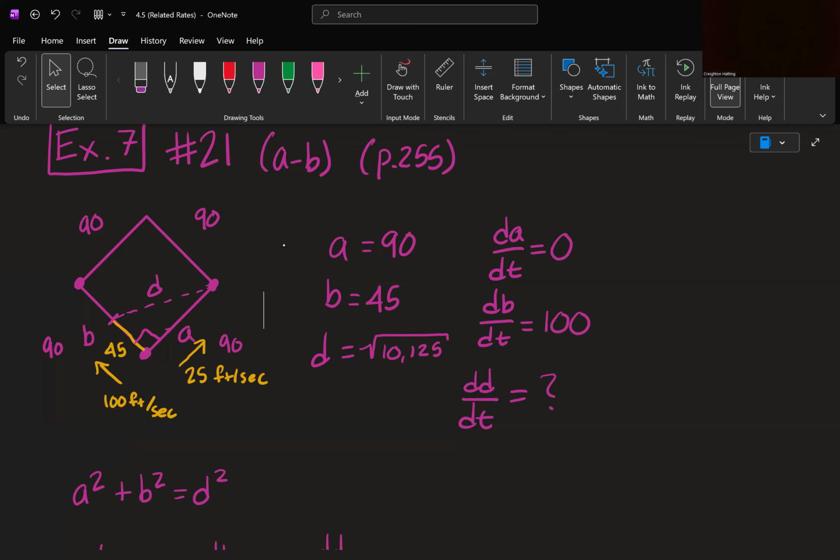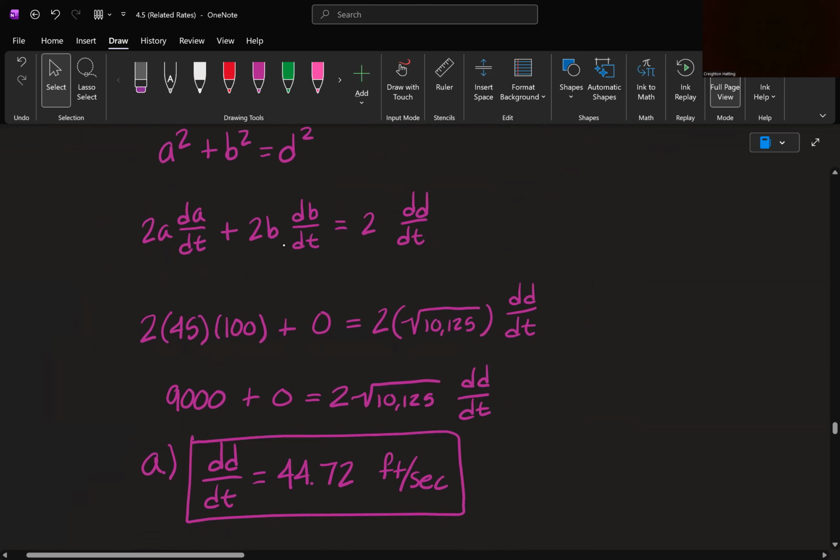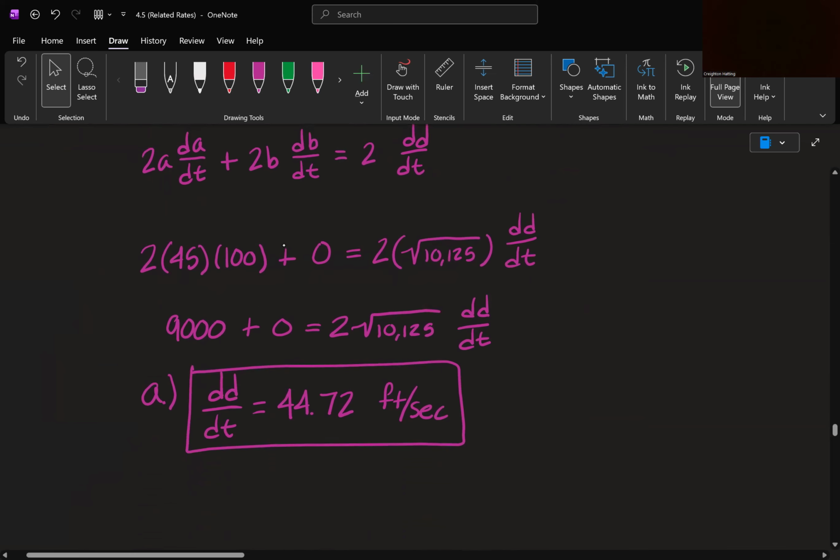And so we set up our equation, we drew a picture, we differentiated. I hope this is still all in your notes and that you're able to review this. And we found ultimately that the distance between the baseball and first base was changing at 44.72 feet per second at the moment where the baseball was 45 feet away from home base.